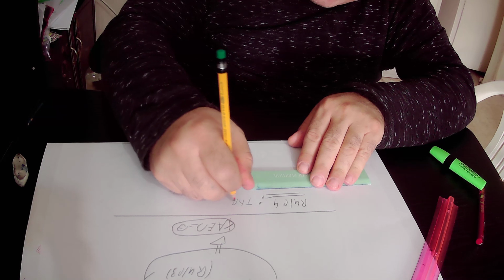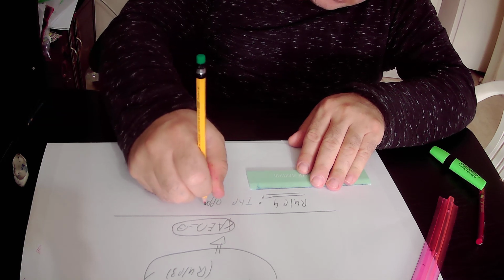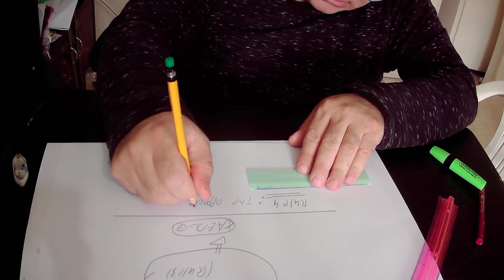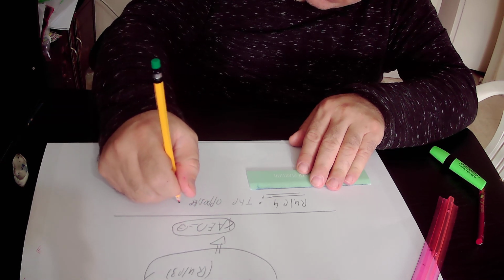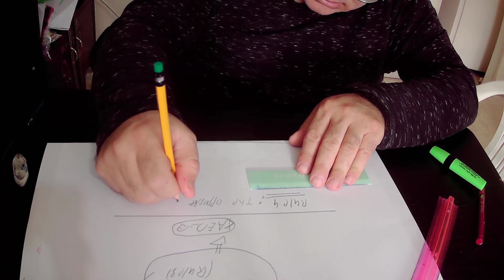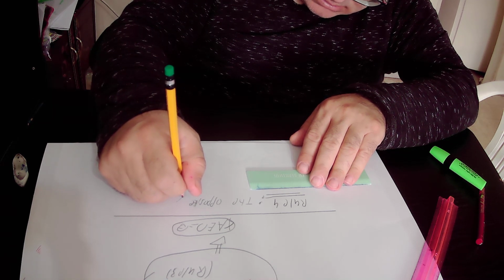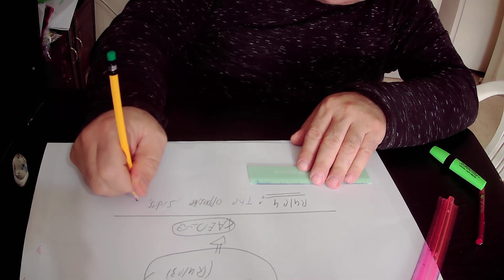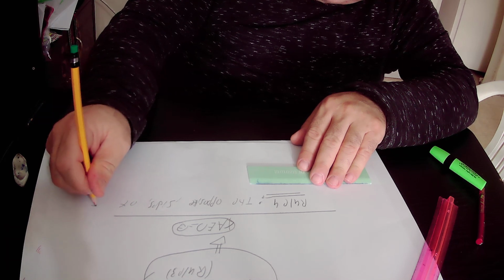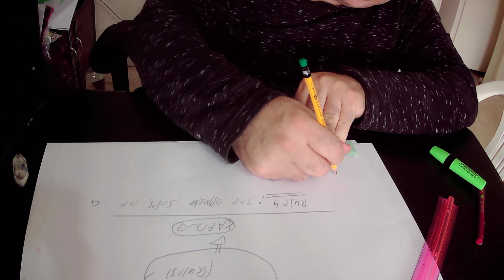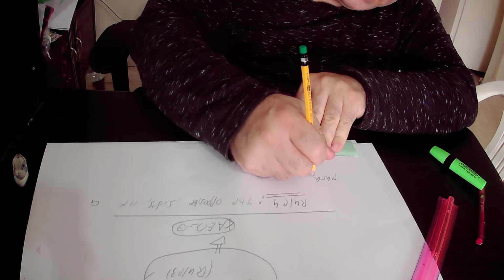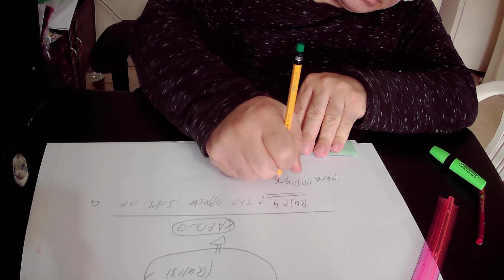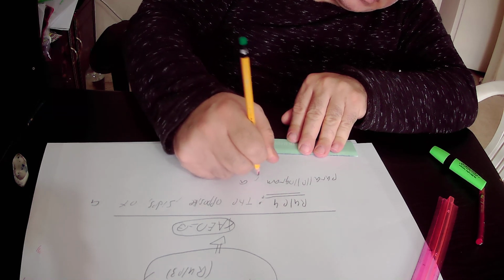The opposite sides of a parallelogram are equal to each other.